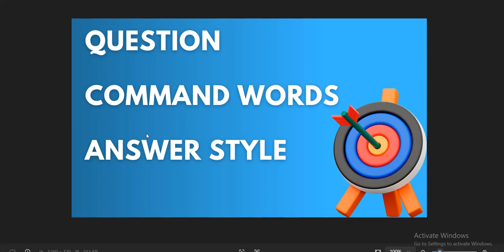But if the question asks you to explain the process of photosynthesis, in the previous question it said state, which means they want you to tell, but now the question has changed with the word explain. Explain the process of photosynthesis. Now you have to go deeper and include why and how. Photosynthesis happens when chlorophyll absorbs sunlight to convert carbon dioxide and water into glucose and oxygen. It means you have to fully describe the whole process and explain it.